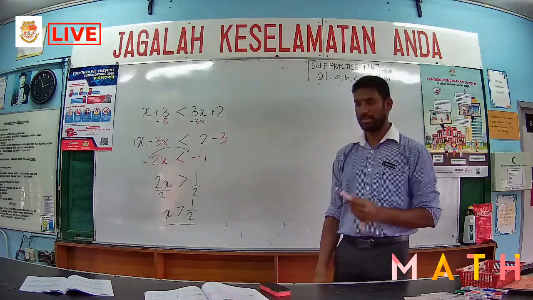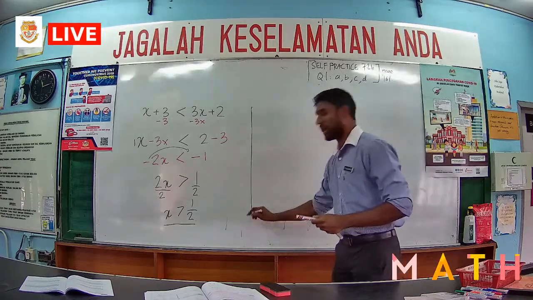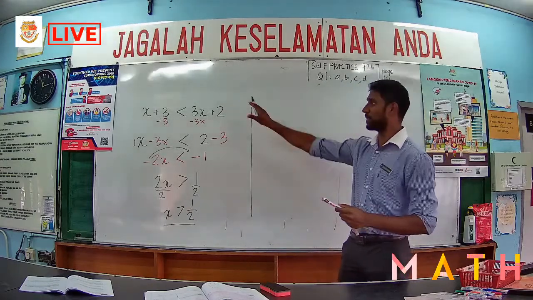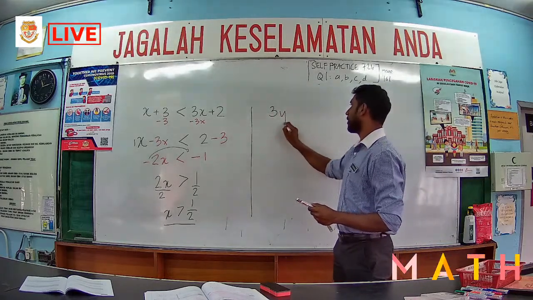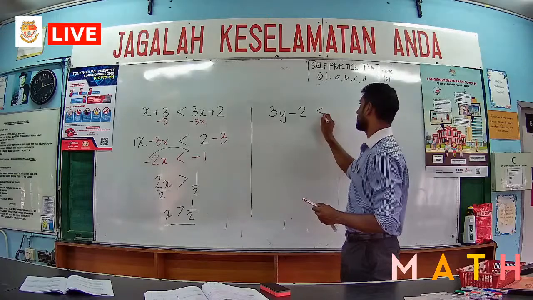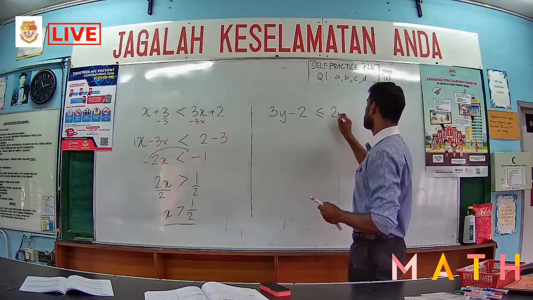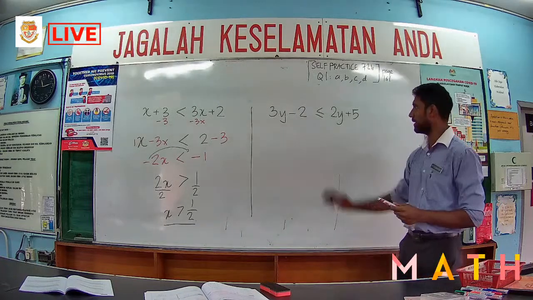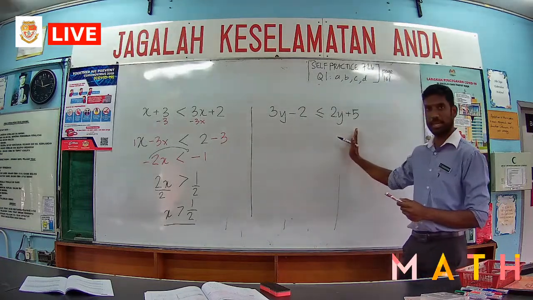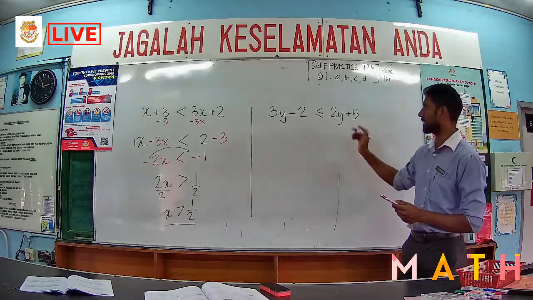Okay, class? So we will end our lesson with another example for this kind of question. Let's say 3y minus 2 less than or equal to 2y plus 1. Again, we have the unknown on both sides. So how are we going to solve it? The same idea.